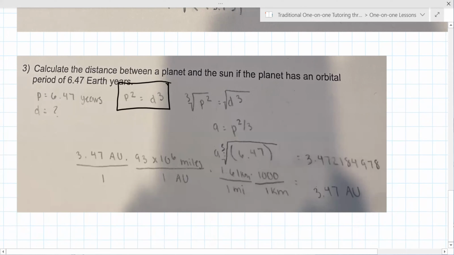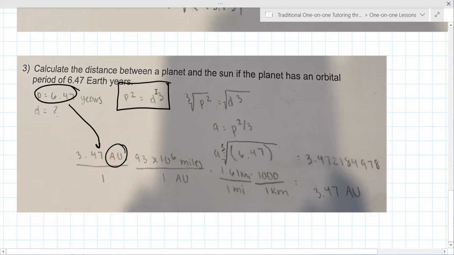So you use this relationship again, and they're giving you the value in AU. I think we did this slightly differently. Oh, I see what we did here. You converted this number into this one using this equation, and then you had to convert it back from AUs into kilometers or miles.